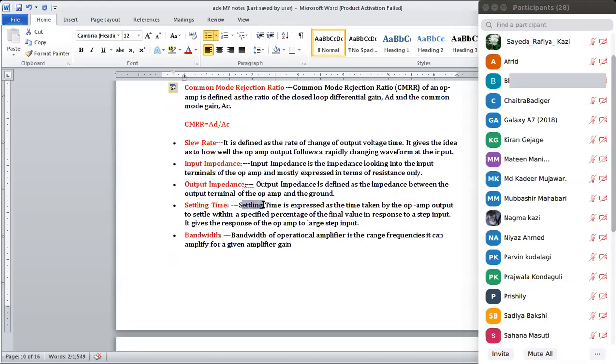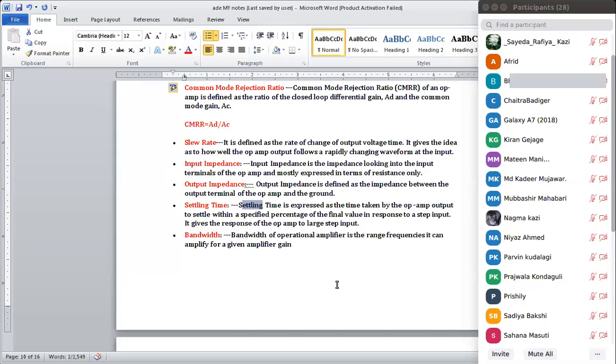Then settling time. This is the time taken by the operational amplifier output to settle within a specified percentage of the final value in response to a step input. Now I am getting a particular output. If I change something at the input side, I will get a changed output.